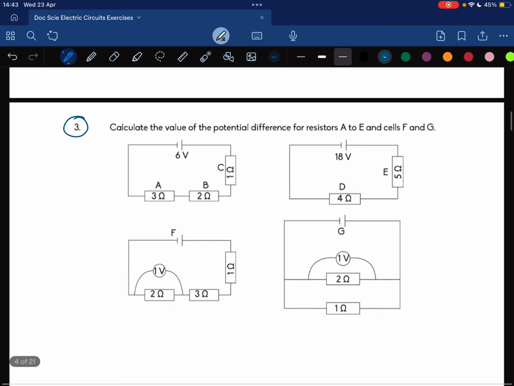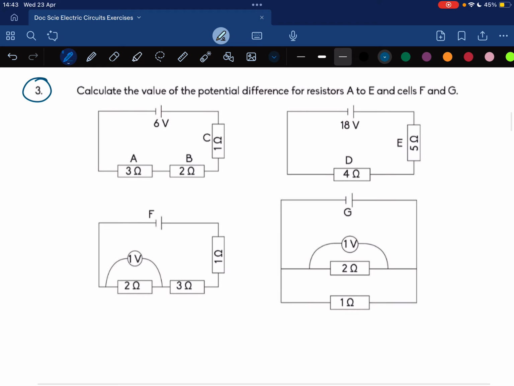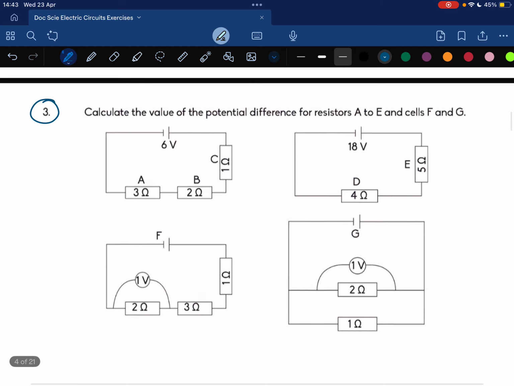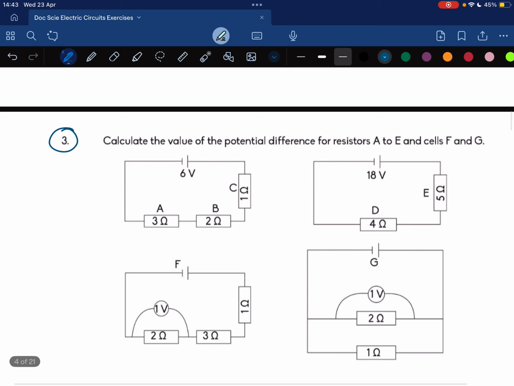Then for number 3, it says calculate the value of the potential difference for resistors A to E and cells F and G. Okay, so let's have a look. We'll label each circuit: circuit 1, circuit 2, circuit 3, and circuit 4.